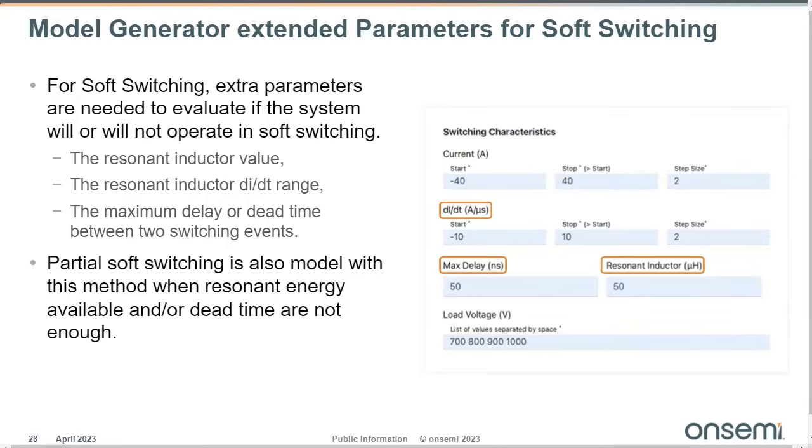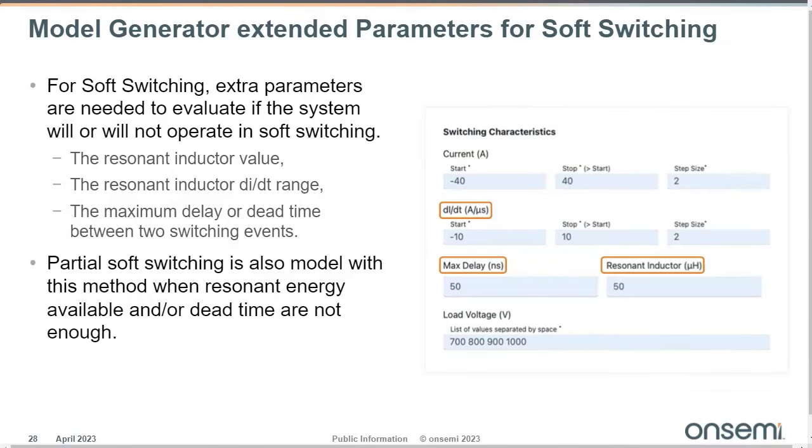And you have the maximum delay or dead time between the turn off of one device and the turn on of the other device. This maximum delay or dead time works like an adaptive dead time. It means that if the dead time is smaller, the device will consider that the resonance is done and will stop the measurement inside the simulation.